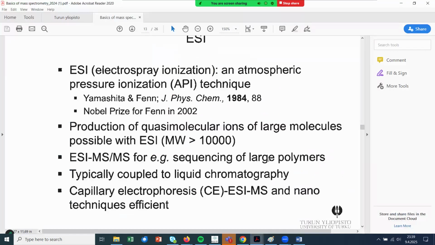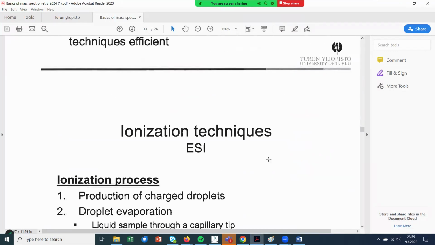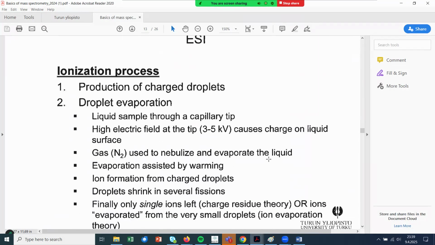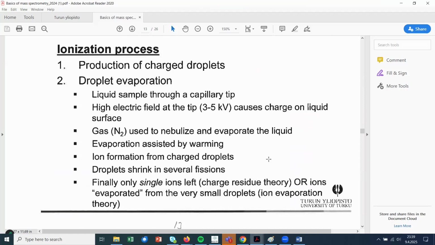What's happening in this kind of ionization is that we produce charged droplets. There's a high electric field at the tip of this capillary, and we have the liquid flow from the liquid chromatograph coming in. This high electric field at the tip of the capillary causes charge on the liquid surface, and this charge is important as the ionization starts.